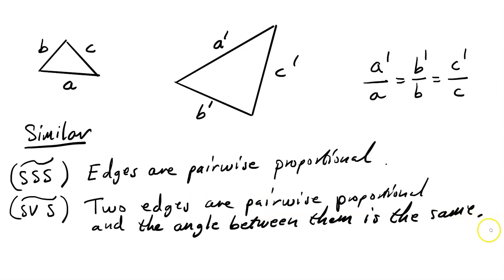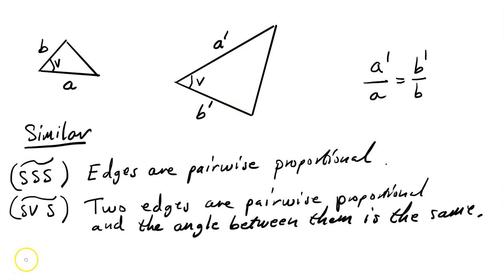Okay, so let us take an example here now. Let's get rid of C for a moment. So let's say that we have this situation. We know that the angles between A and B here and A prime and B prime are identical, the same. And we know that that one is proportional to that one with the same proportional factor. This is the case. Then we know that these two triangles are similar.